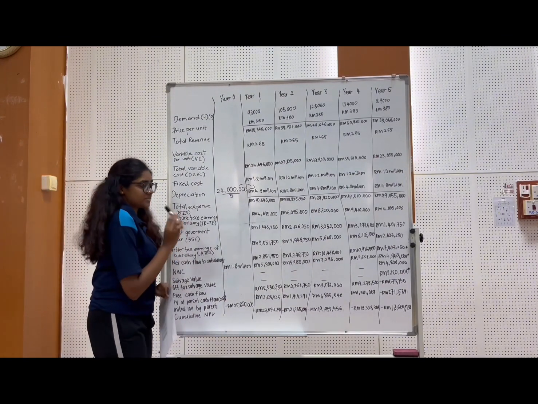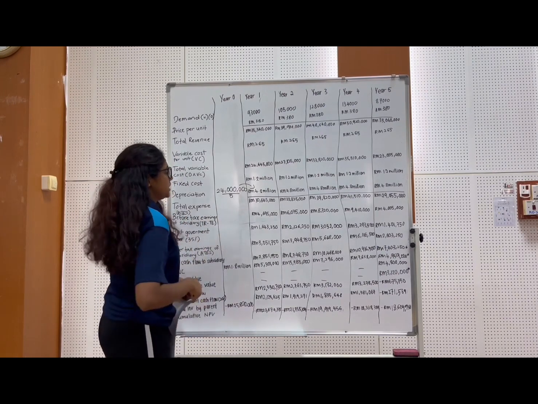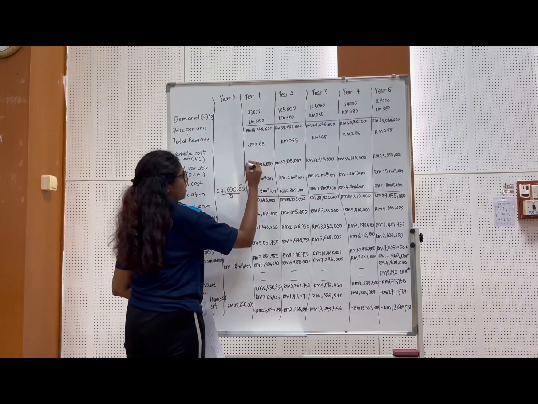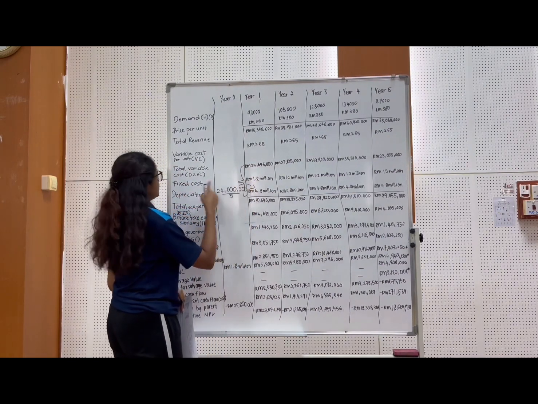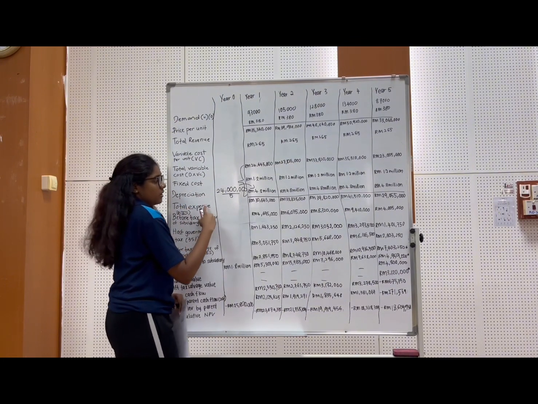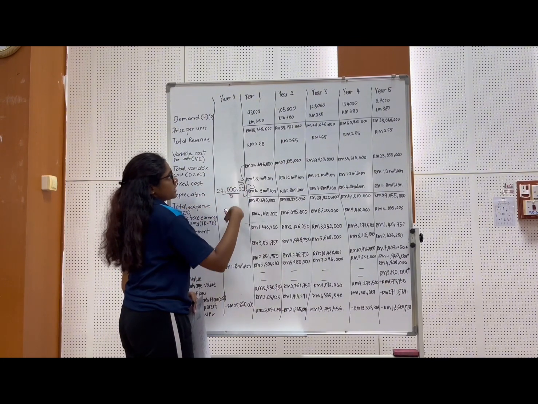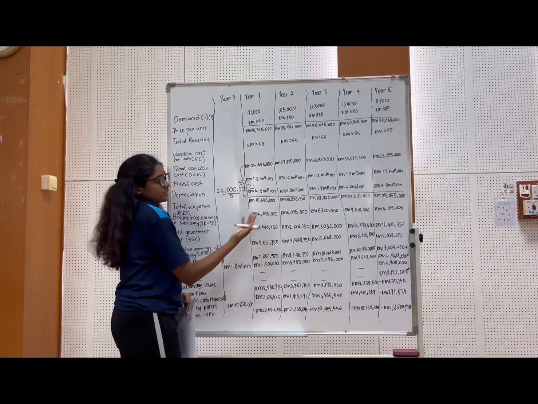Followed by total expenses. Total expenses, we have to add all these three: total variable cost, fixed cost, and depreciation. For a year, this is 30,6400, and so on.